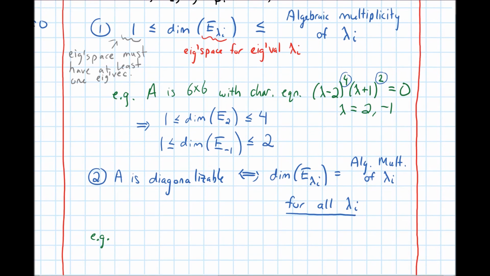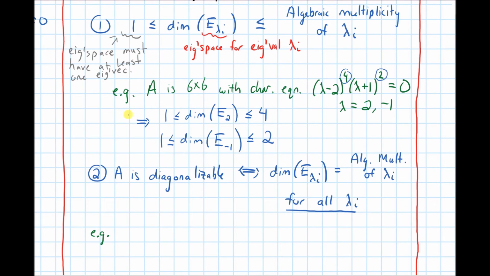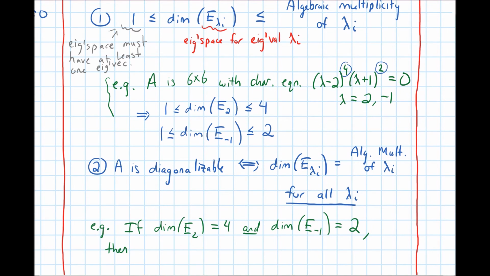As an example, in the example I was just looking at, if the dimension of E2 had been equal to 4, and the dimension of E-1 had been equal to 2, its algebraic multiplicity, then we have 6 linearly independent eigenvectors.